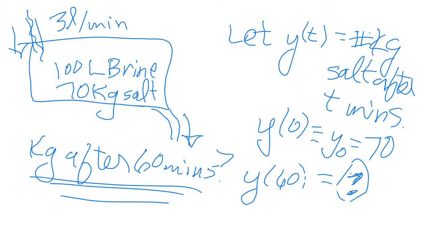So what we need to do is utilize our formula here. Let me clear this off so we can get started. Basically, what we know is if we're looking at the rate of change of the kilograms with respect to time, we know that water is running out at 3 liters per minute.